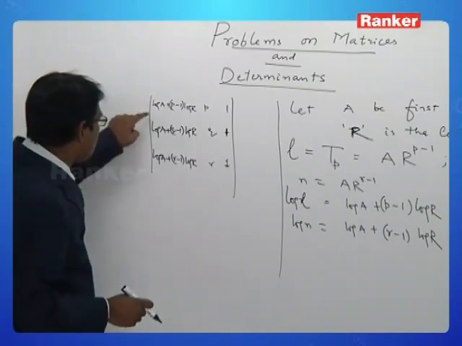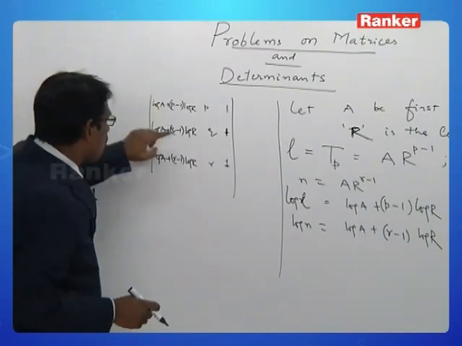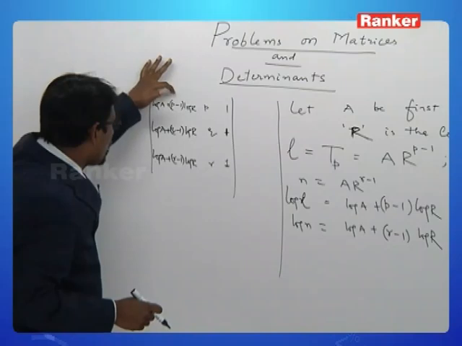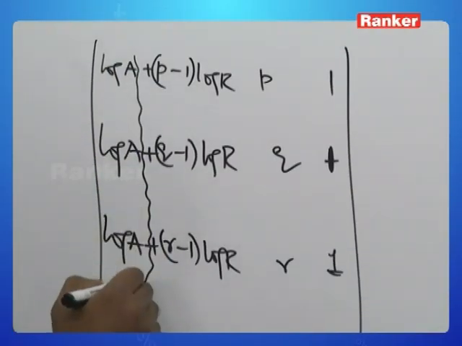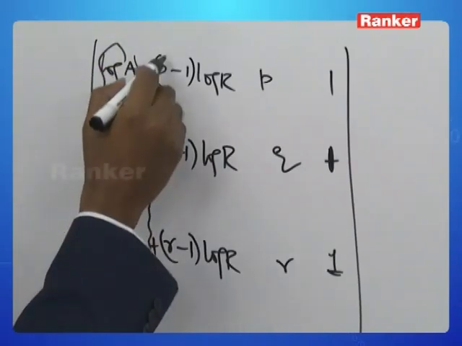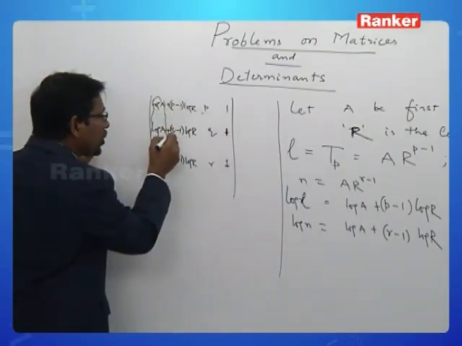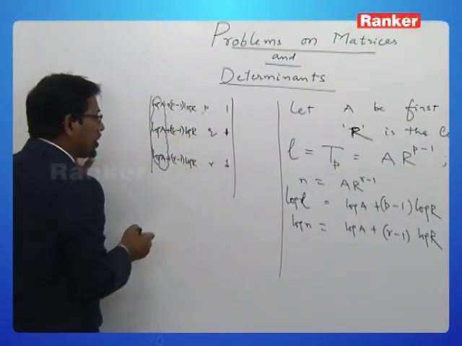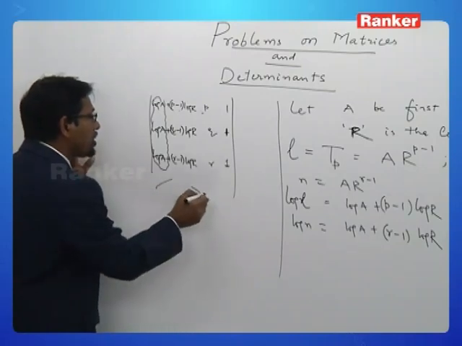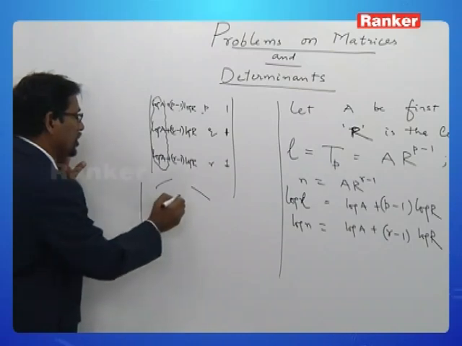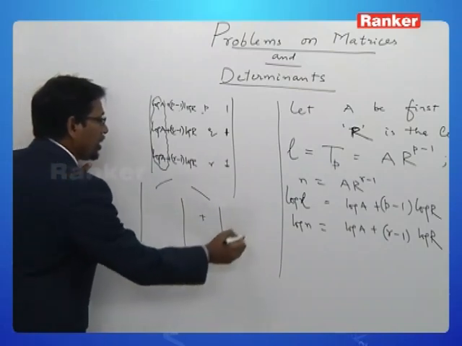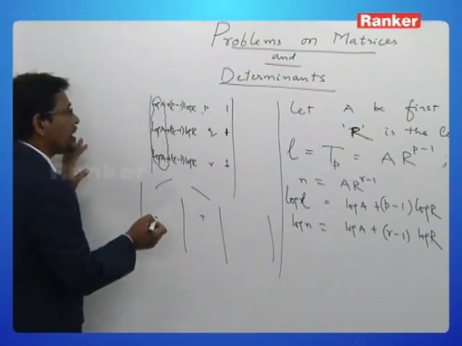Now observe that in this column we have two parts: this log A and this p minus 1 into log R, q minus 1 into log R, r minus 1 into log R. We can split this determinant into two determinants, keeping the other two columns fixed.